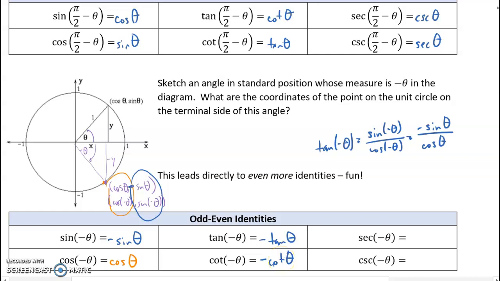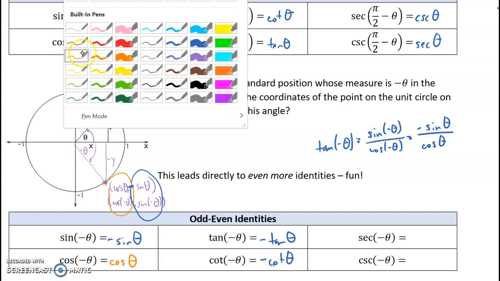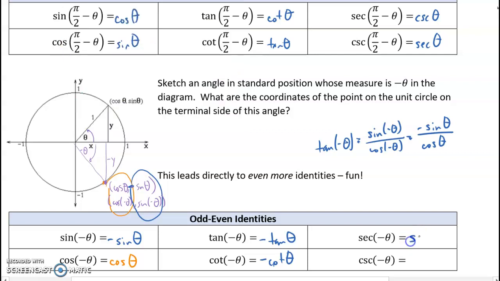Whereas when we get to the reciprocal functions, the secant is the reciprocal of the cosine. So that one, let's go back to orange for that one. I said orange, hold on. Gotta keep that color coding. The secant of negative theta is the secant of positive theta.